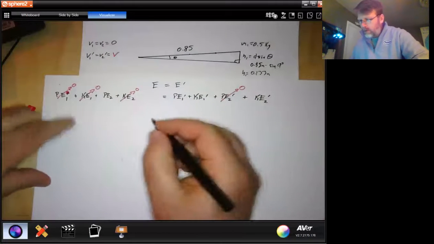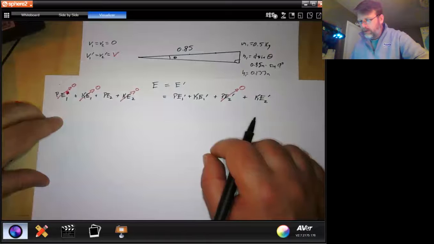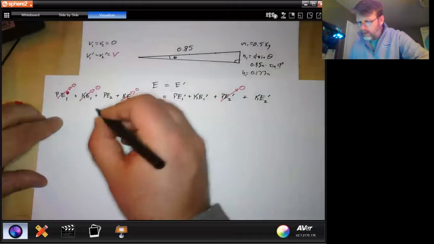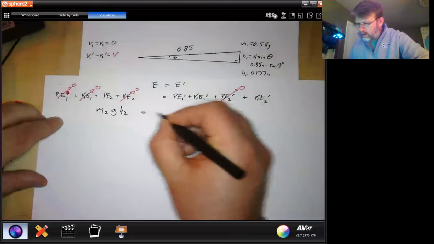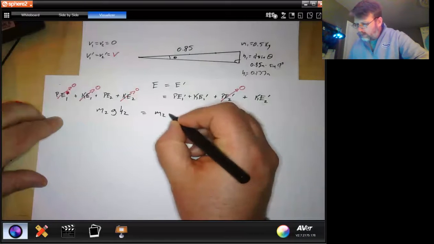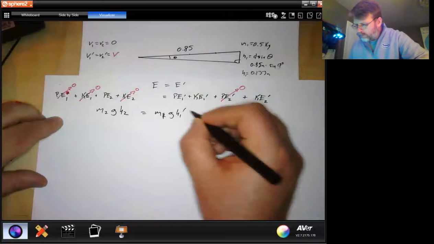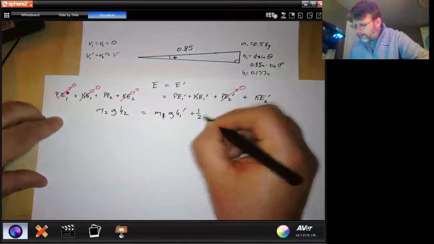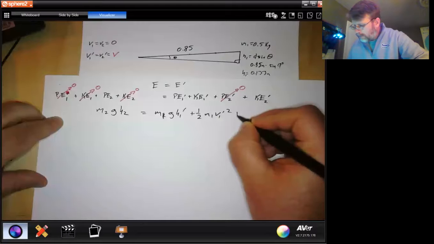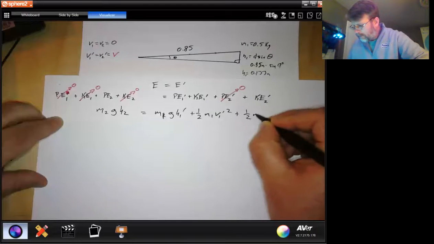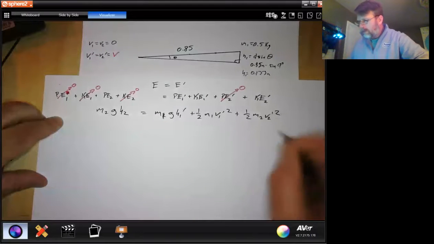Now we can set that up with the space available here. You could have always put everything in, but I found in class I was running out of space, so I'm trying to save a little space. So I have M2GH2 equals M1GH1 plus one half M1V squared plus one half M2V squared.